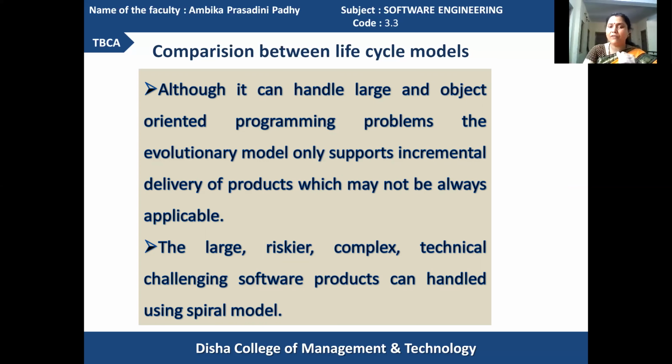A product with any type of difficulties can be solved using the spiral model. And the spiral model uses the concept of all other life cycle models inside it, so that any benefit of any model present can be used in the spiral model. Got it?